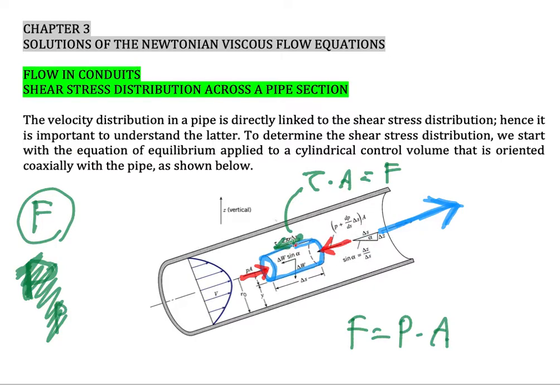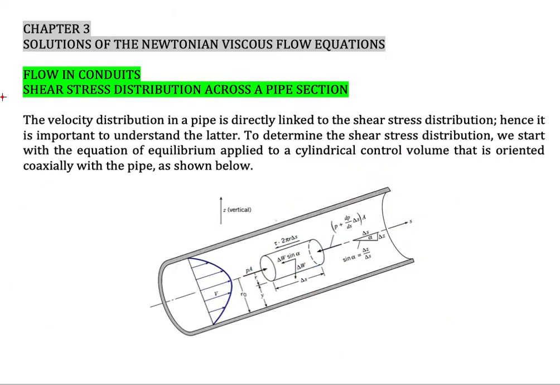And then the A here can be written as 2 pi r times L. In this situation, the L here is actually the delta S here. Another thing, for sure, is the gravitational effect.